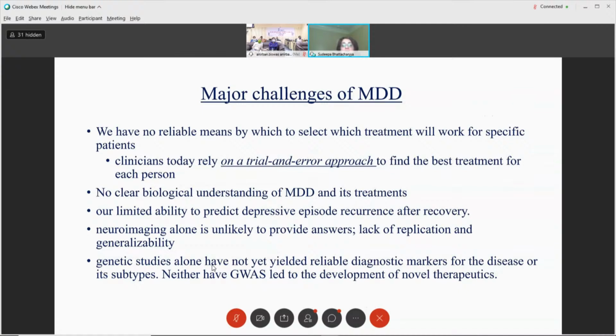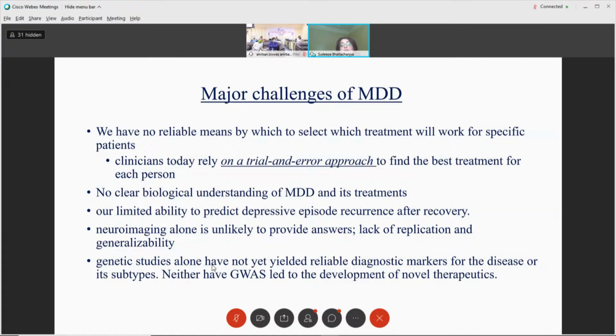And we don't understand the biological underpinnings of the disease, or why some patients respond to the drug and treatment and why some do not. And we also have limited ability to predict depressive episode recurrence or relapse after recovery.